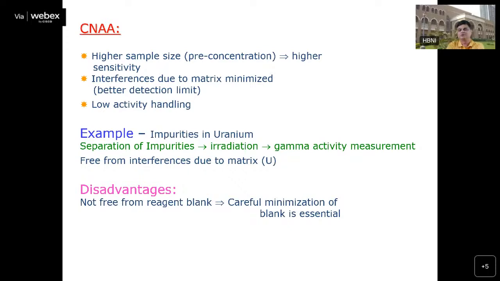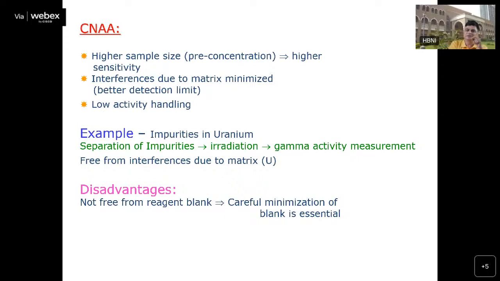You can also minimize the matrix interference because you are selectively taking out your element of interest, and you handle low activity because you are avoiding much of the matrix.